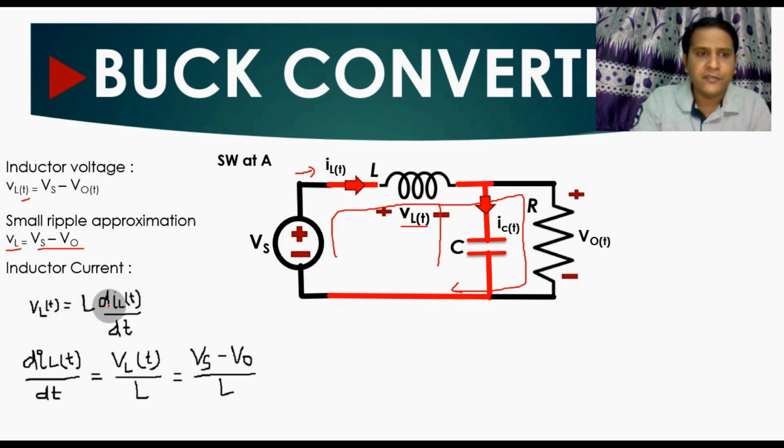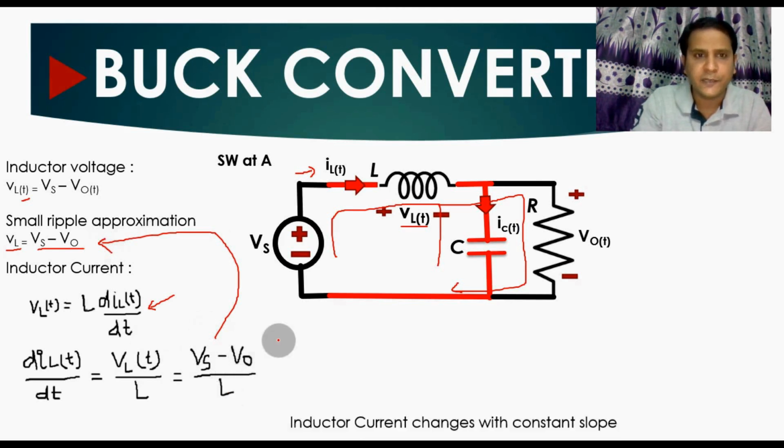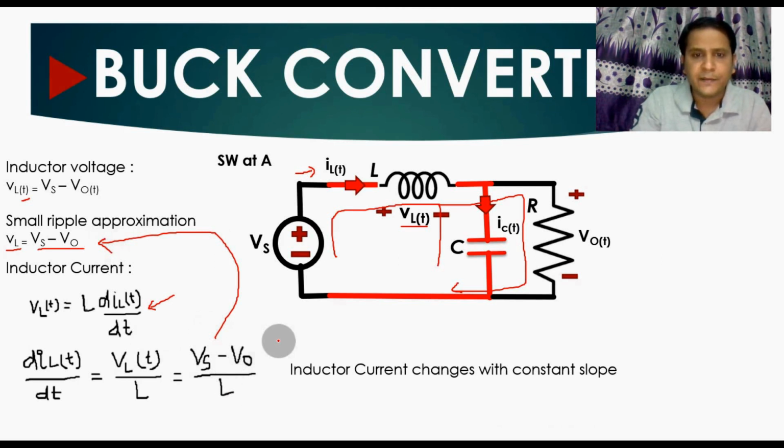If you find this derivative dIL by dt, you will find VL(t) divided by L. Since the voltage across the inductor is Vs minus Vo, dIL by dt equals Vs minus Vo divided by L. So the inductor current changes with a constant slope. We will understand how the inductor current changes with a constant slope.